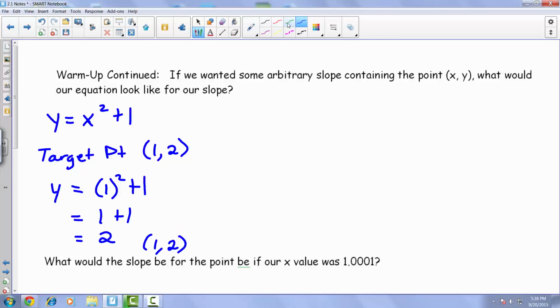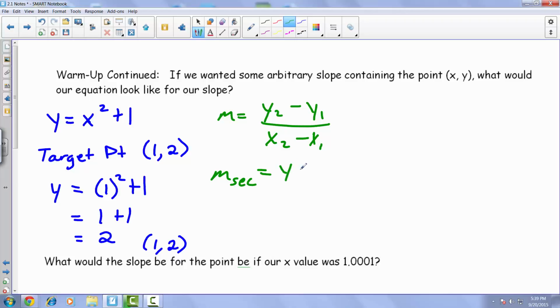Now, if we recall back to algebra, how you can find the slope between any two points is always going to be (y2 minus y1) over (x2 minus x1). That never really changes, even if we're looking for the secant of those two points.